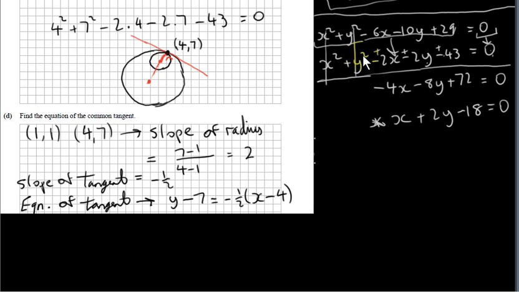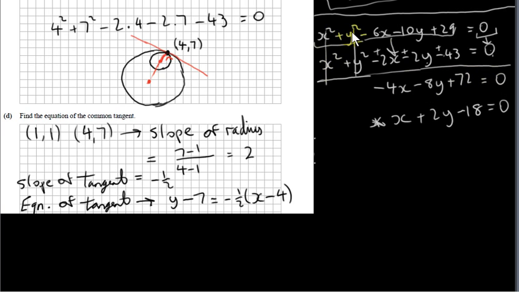Now why does this method work? Well, the point of contact of the two circles must satisfy the equations of the two circles. So it must satisfy the top equation and it must satisfy the bottom equation. And it turns out that if we subtract the equations, the point of contact will satisfy the resulting equation. And the resulting equation is the equation of a straight line. It's linear.